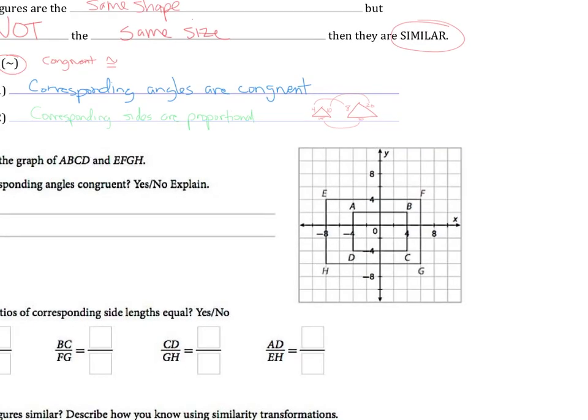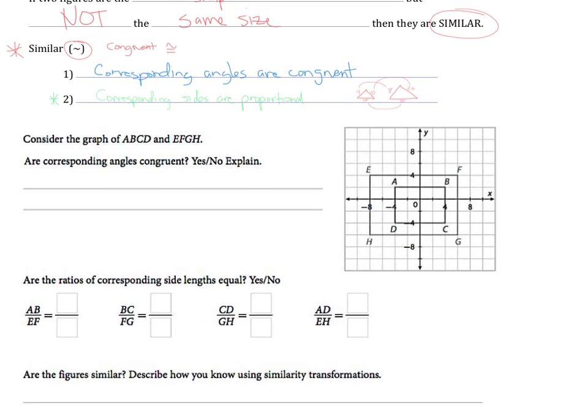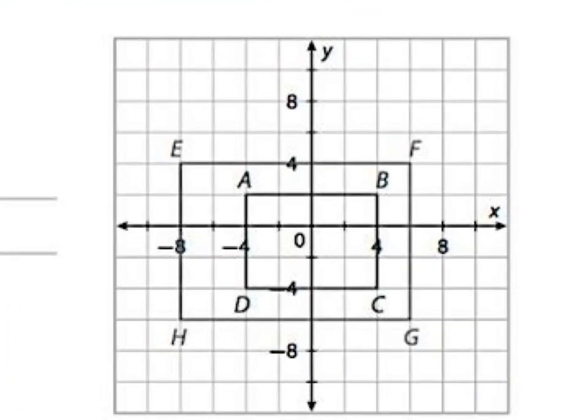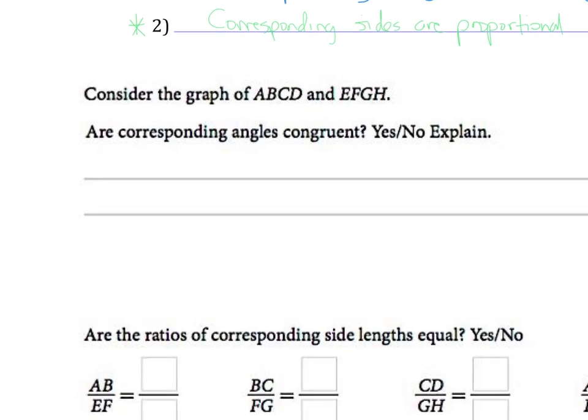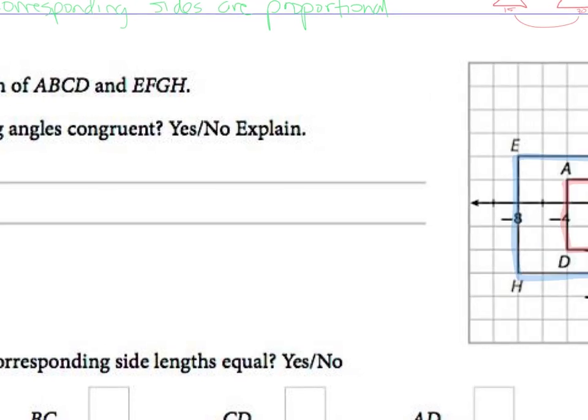So next, we want to consider the graph of ABCD, which is this inside quadrilateral here, and EFGH. I've highlighted those red and blue for you. It says, are corresponding angles congruent?